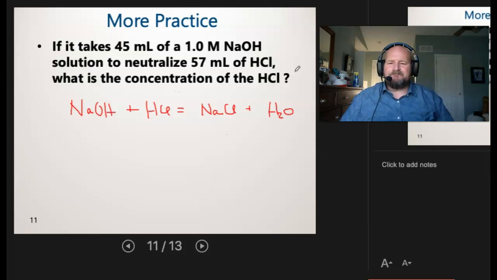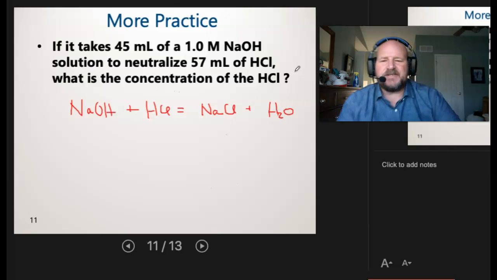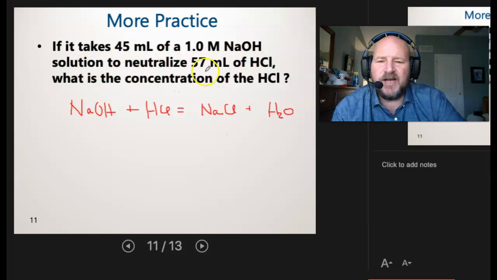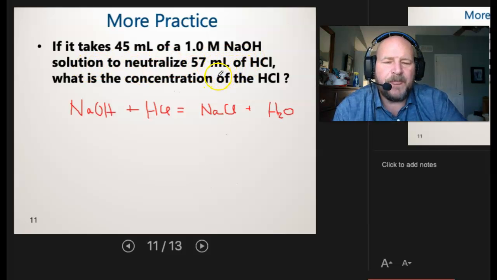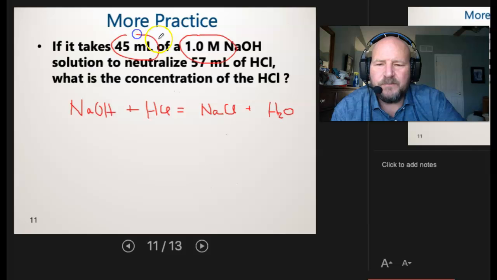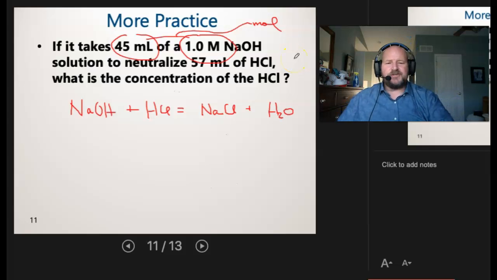So we've got that. Now it says if it takes 45 milliliters of a 1 molar NaOH solution to neutralize 57 milliliters. Well, if we look back at our solutions lab, then we know we have a concentration, we have a volume. These two together will give us moles. If we know the moles of NaOH, then we can use the balanced chemical reaction to get moles of HCl.